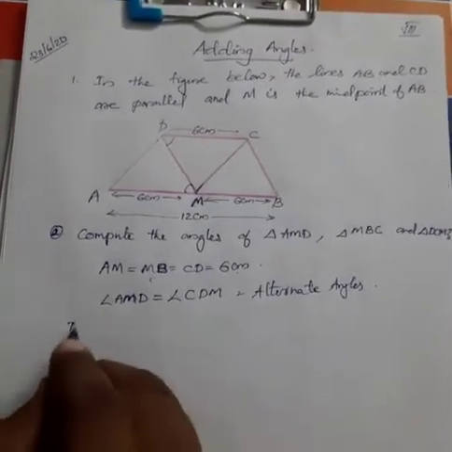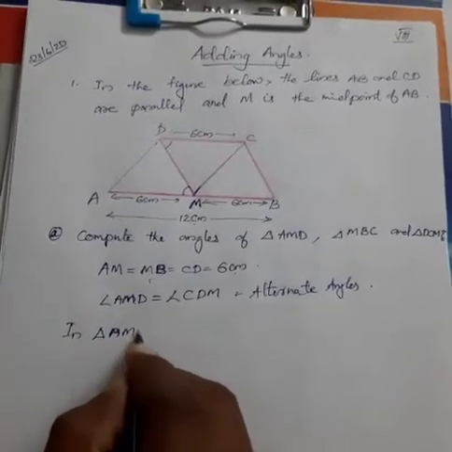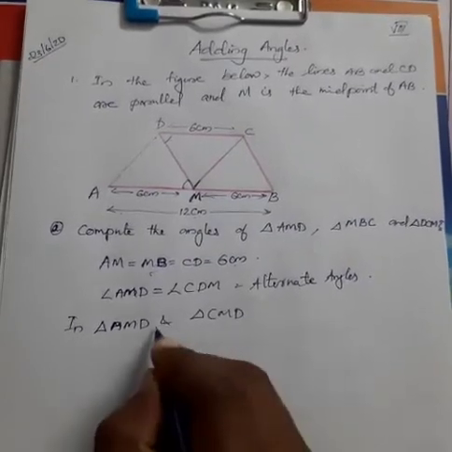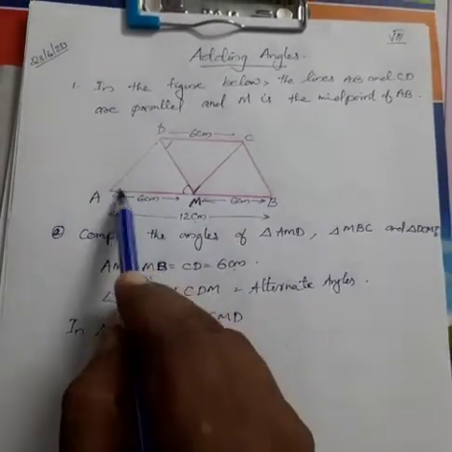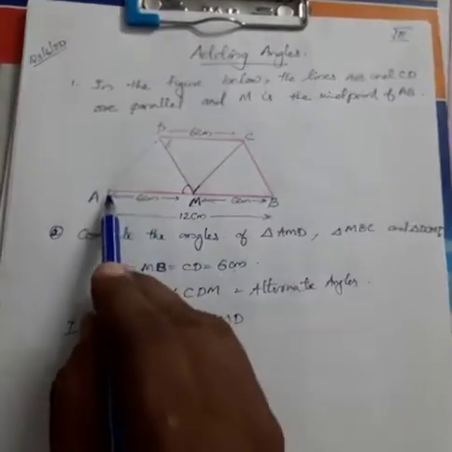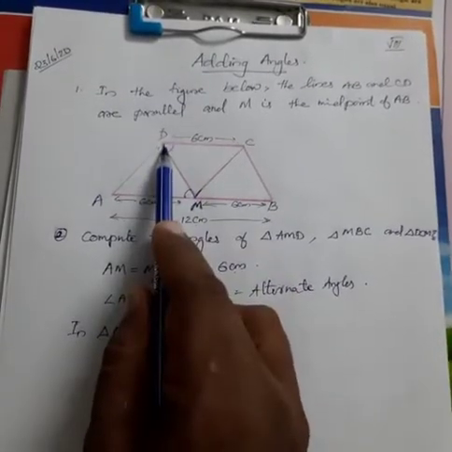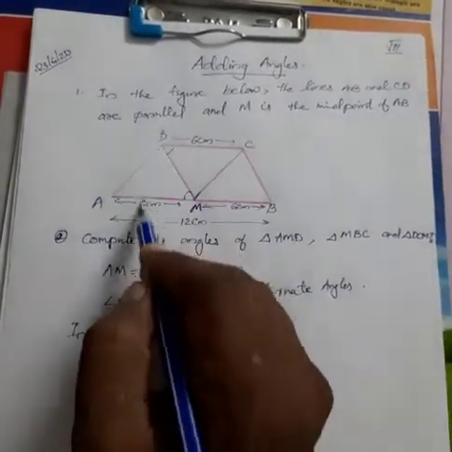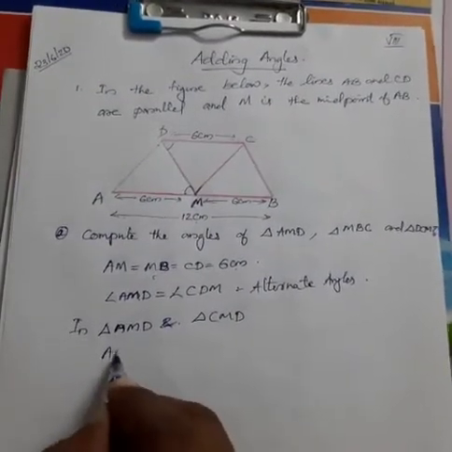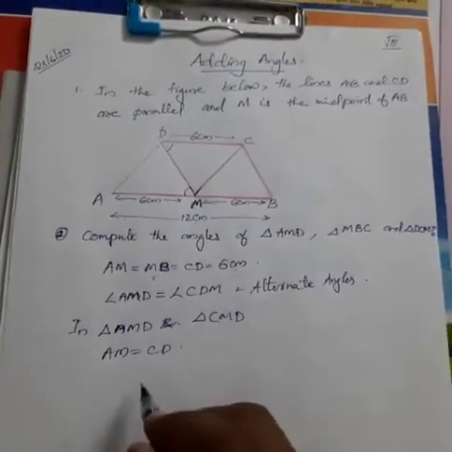Then in triangle AMD and triangle CMD, you have to write down the equal sides. AM is equal to CD is equal to how much?